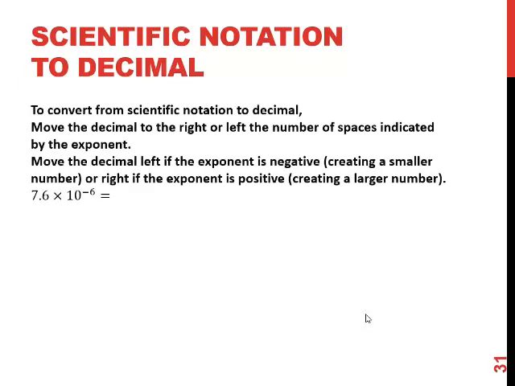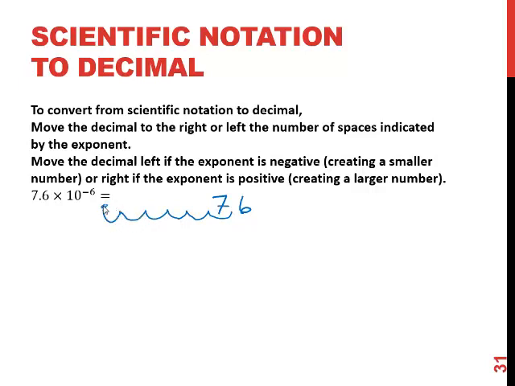Working the other way, we're just moving the decimal again. We're going to move it to the right or the left. We'll move it left if the exponent is negative, which will create a smaller number, or move it to the right if it's positive. So if we have 7.6, we need a teeny tiny number, so it's going to go 1, 2, 3, 4, 5, 6 spaces.